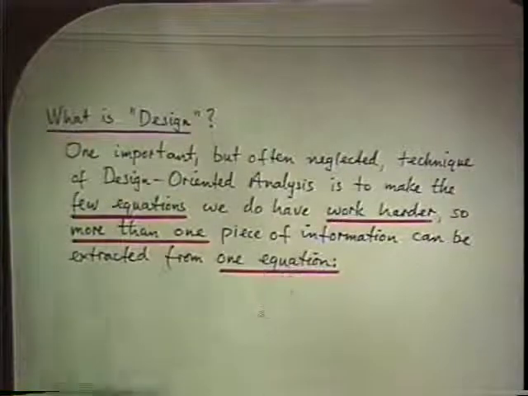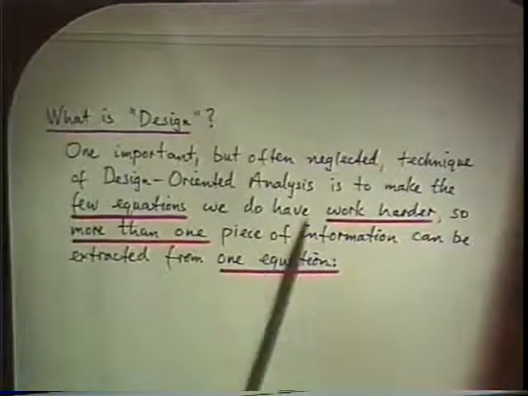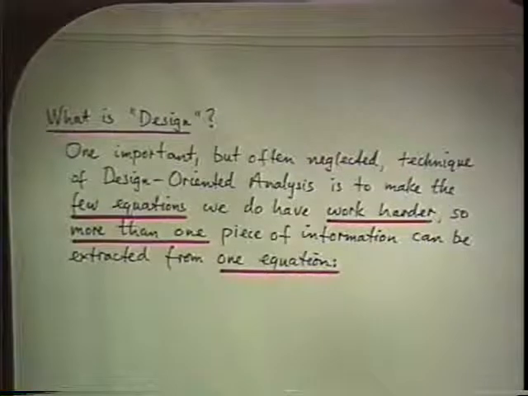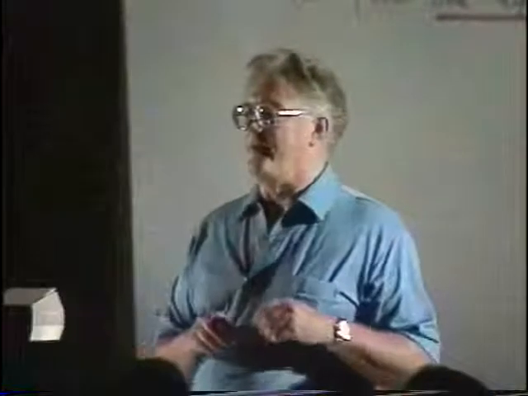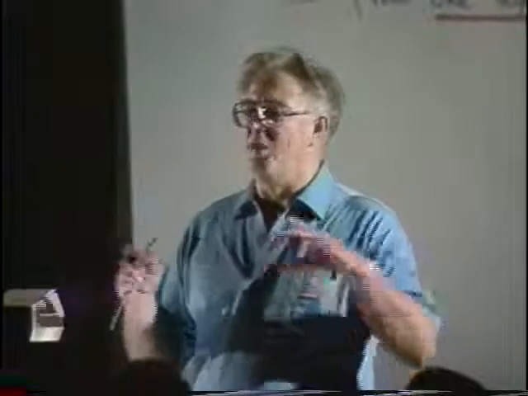But that isn't really true from an engineering point of view. There is a lot more information that you can extract other than the single number that you get for the left-hand side after you substitute numbers for all of the things on the right-hand side. That's the mathematical single piece of information that you get. One answer for one set of numbers. But there's a lot more information you can get out of that.